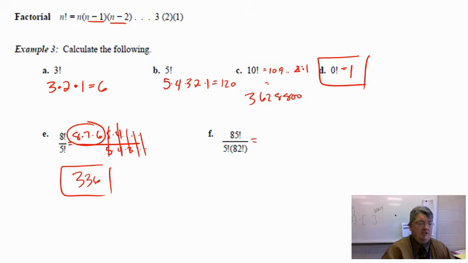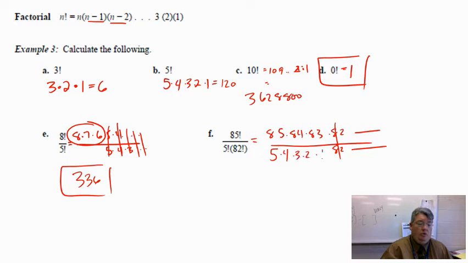Cool. Now what about this? Now E, you could type that in your calculator. If you type F in your calculator, it's going to give you an error because it's too big. 85 factorial over 82 factorial: 85 is going to be 85 times 84 times 83 times 82, going down. So everything is going to cancel after 82, and all I'm left with is 5, 4, 3, 2, 1.